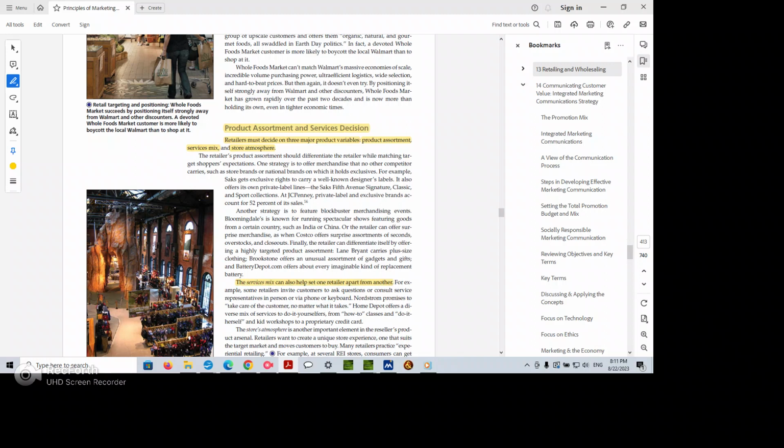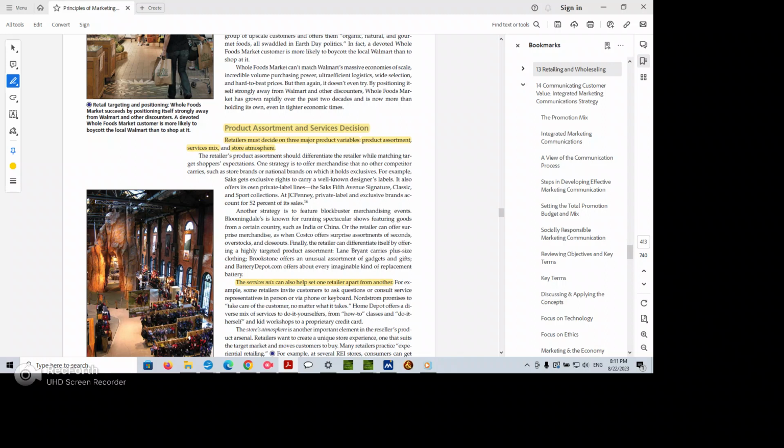Okay? Now, remember that the services mix also helps set one retailer apart from another. Okay? It's the differentiation. For example, some retailers invite customers to ask questions, consult service representatives, and persons via phone or keyboard. Okay? There's many examples depending on the product. Nordstrom promises to take care of the customer no matter what it takes.